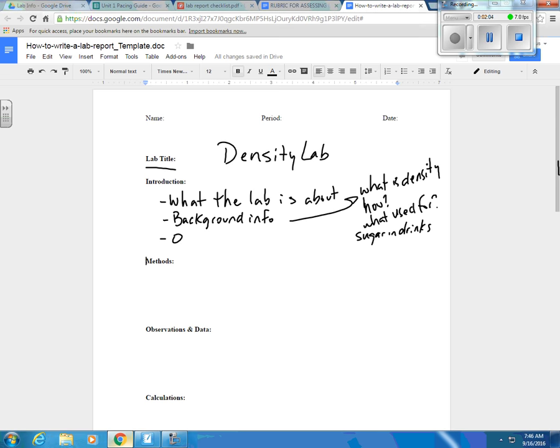Then you're going to have an objective. The objective is why we did it, and that is in your lab write-up sheet that's given to you. What is the lab supposed to do? What's it supposed to show you? Then a couple sentences about some results.